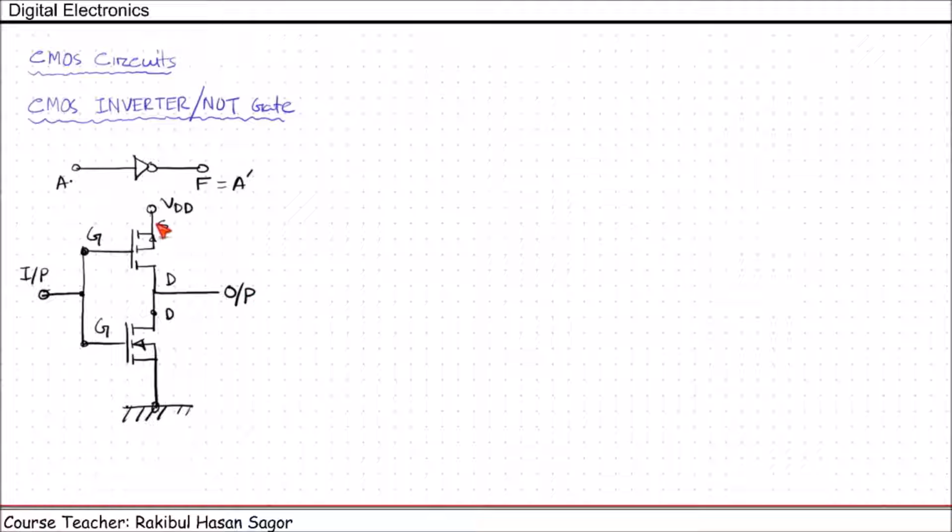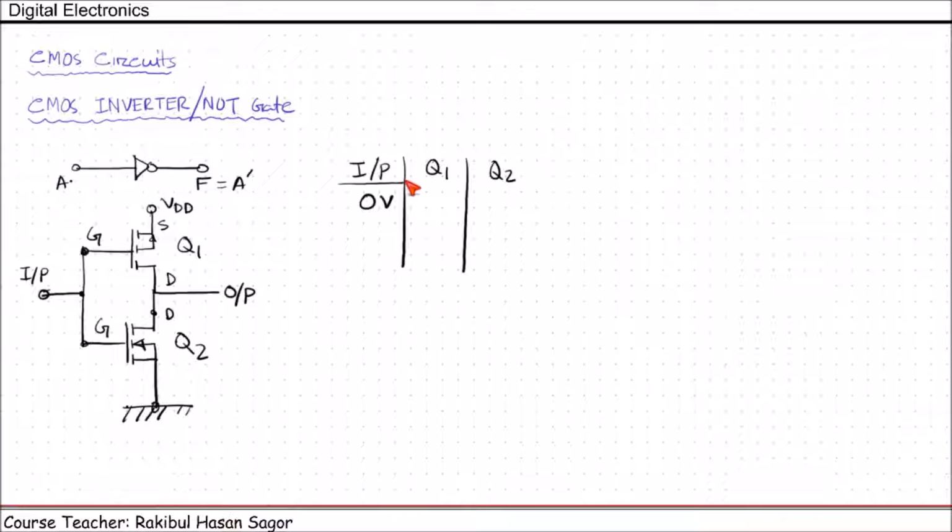Let us name this PMOS as Q1, and this NMOS as Q2. Now, how it operates. When we are providing input equals to 0 voltage, what will happen? We know when we provide 0 voltage to the gate of the PMOS, then PMOS will be on.